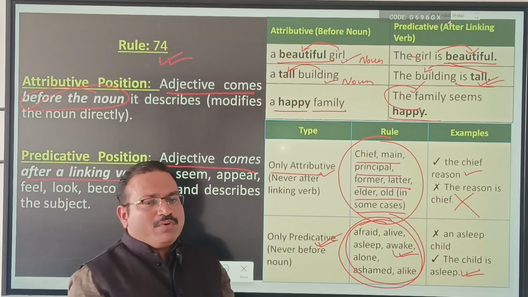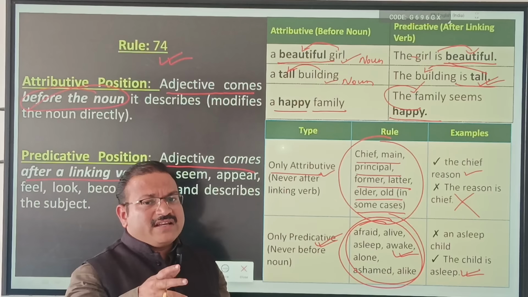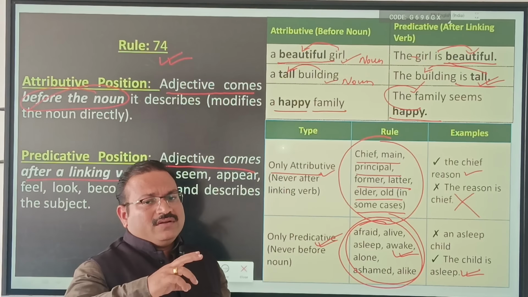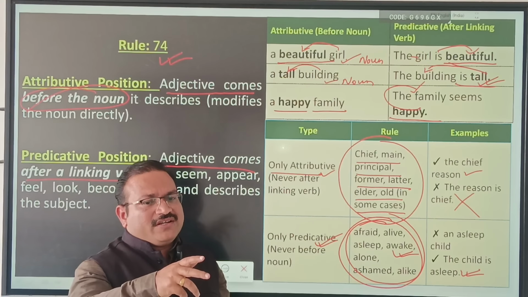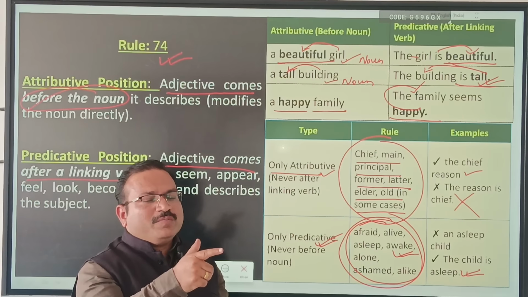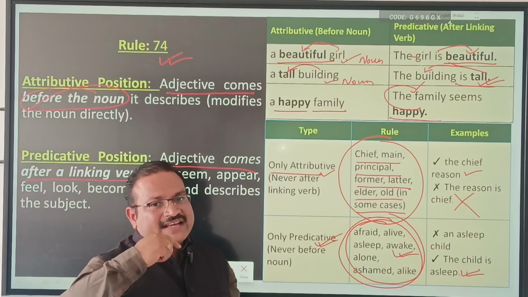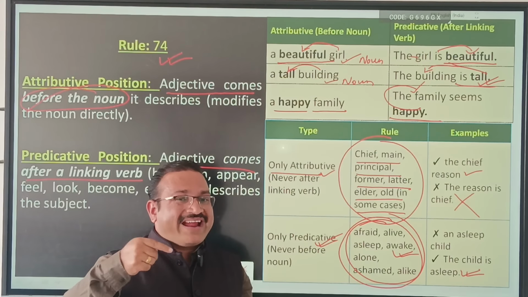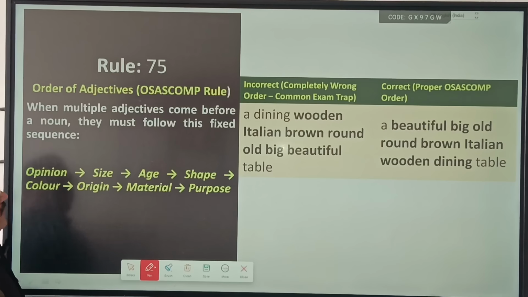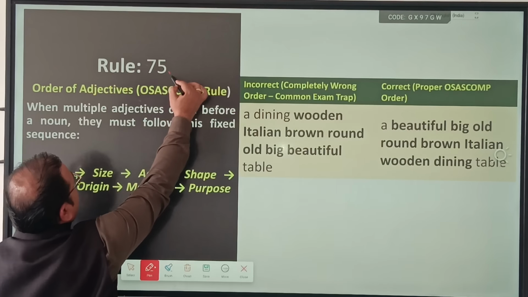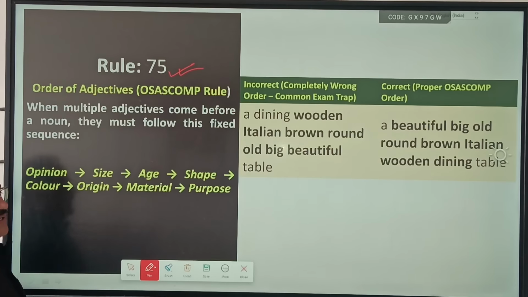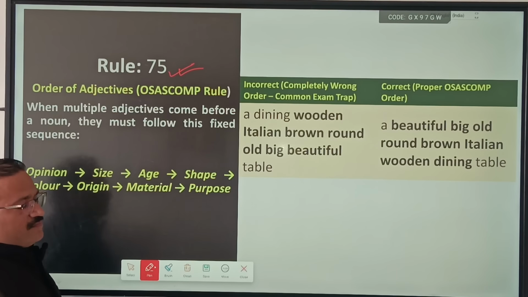Why is this rule important? In examination, what? The orders will change. So you have to see the proper position of the adjective in the sentence, whether it has been used as predicative or attributive. Now, rule number 75, very, very important again. Order of adjectives.